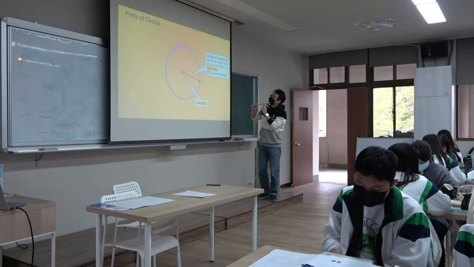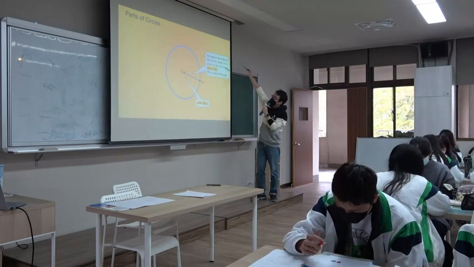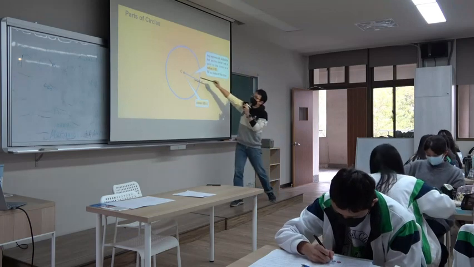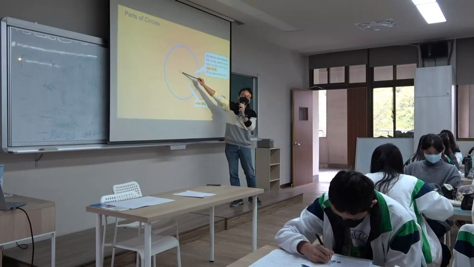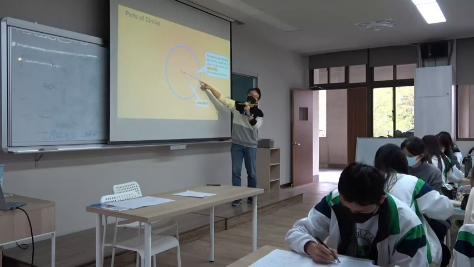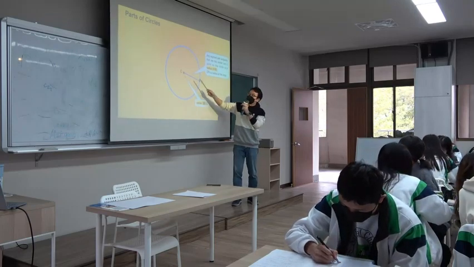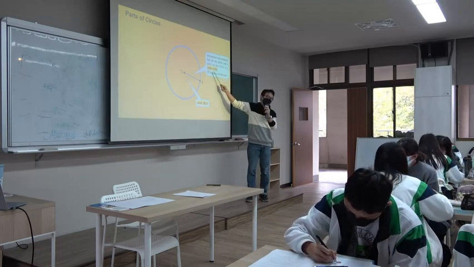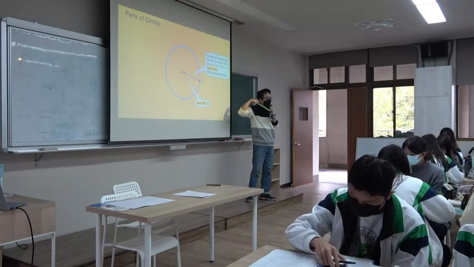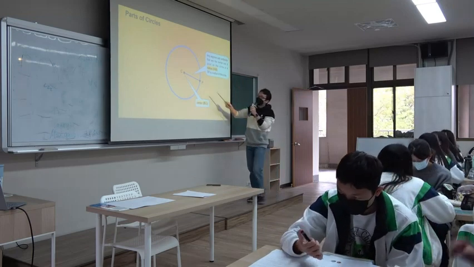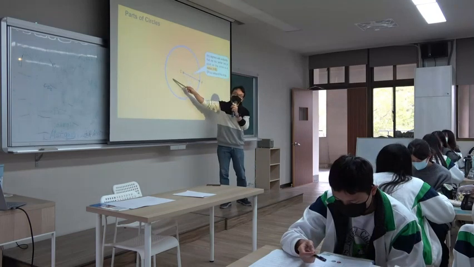Alright? And if you have a segment with 1 end point on the center, and the other end point on the circle, then we call this segment a radius of the circle. 就是半径.